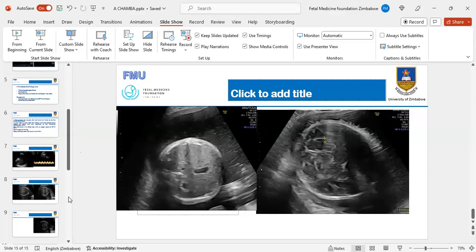Remember, the strict definition of fetal growth restriction is that there should be no fetal abnormalities on the baby. Once there are abnormalities on the baby, the suspected abnormality takes precedence over the diagnosis of FGR.